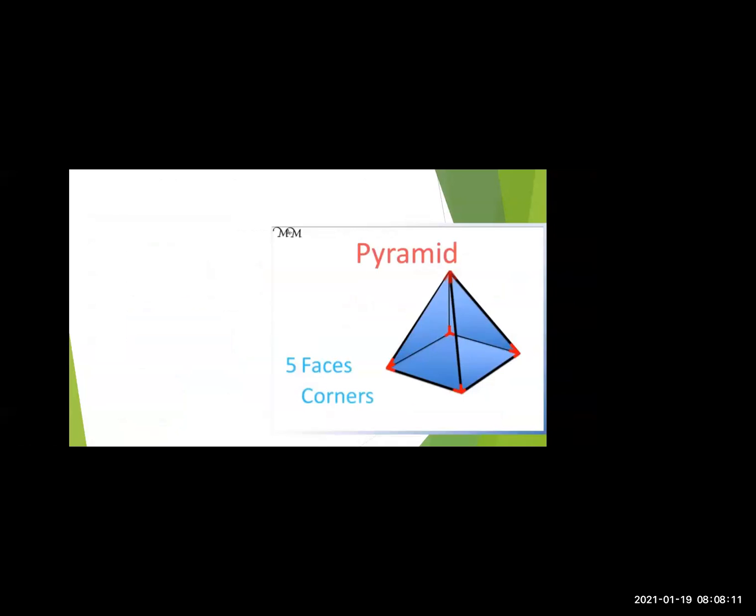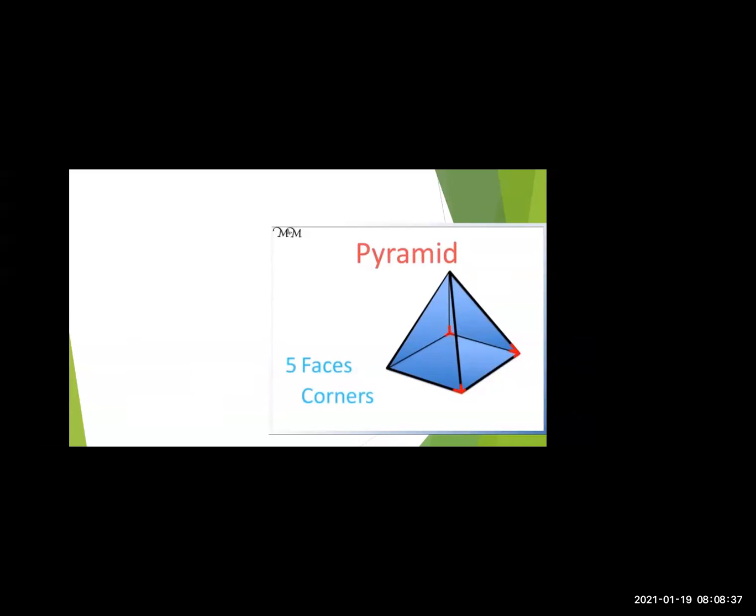Now this is a pyramid. What is this 3D shape, and how many faces, corners, edges does this pyramid have? Let's see. Pyramid faces: 1, 2, 3, 4 and 5. That means this pyramid has 5 faces.